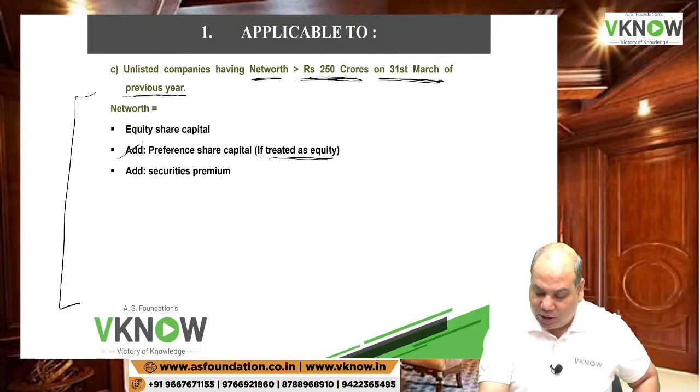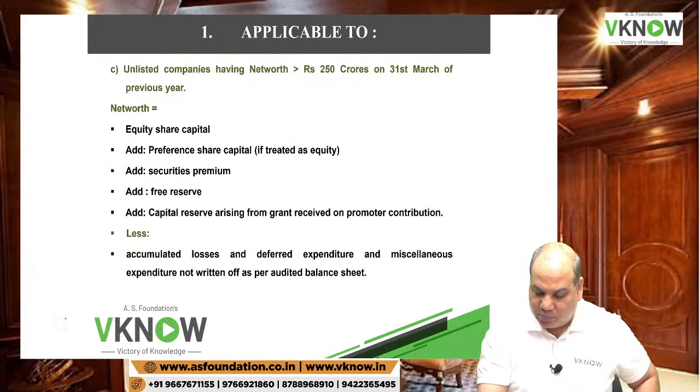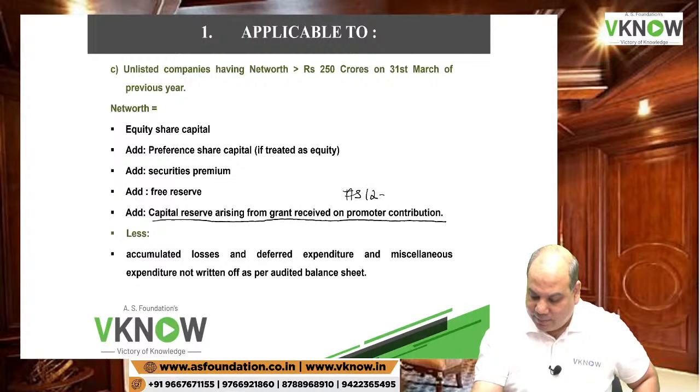So students can add securities premium, and add free reserves. Free reserves means those which can be distributed for dividend purposes. So general reserve, P&L account, retained earnings, dividend equalization reserve. Then add capital reserve arising from grant received as promoter's contribution. Other capital reserves will not be considered. But you have studied, I think, AS 12, government grant.